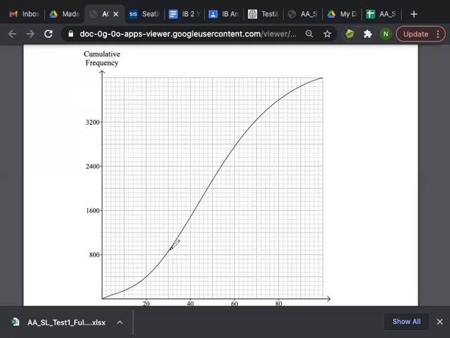Sorry. The next one. Calculate the approximate minimum distance traveled by the top 30% of employees. Top 30%, so what is 30% of 4,000? 1,200.